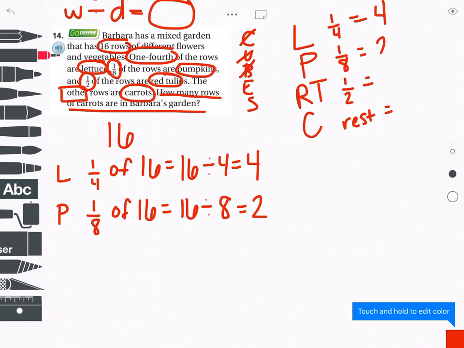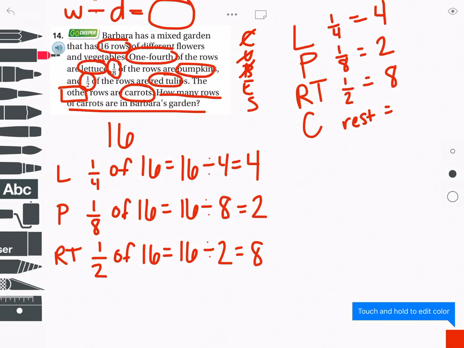That means 2 rows are pumpkins. Well, for the red tulips, half of those rows are tulips. That is a lot of tulips. Half of 16. That's the same as saying 16 split into 2 groups with 8 in each group. So there would be 8 rows of red tulips.